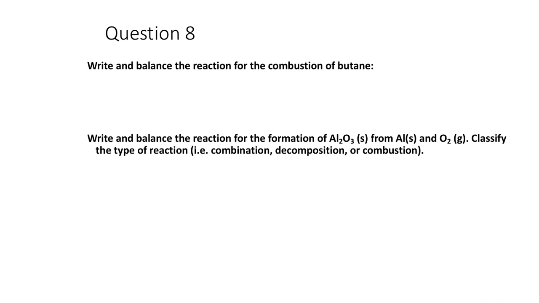Write and balance the combustion reaction of butane. So combustion reactions are where you have a hydrocarbon. This will be C4H10, which is butane. How do I know that's butane? Well, methane is C1, H4. And then ethane just replaces this hydrogen with another carbon, and adds hydrogens here.